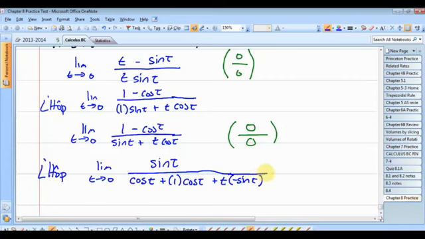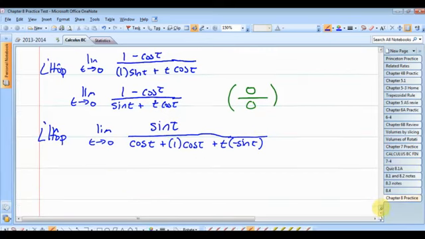Okay, I'm feeling good about this one. Limit as t approaches 0 of sine t over 2 cosine t minus t sine t.